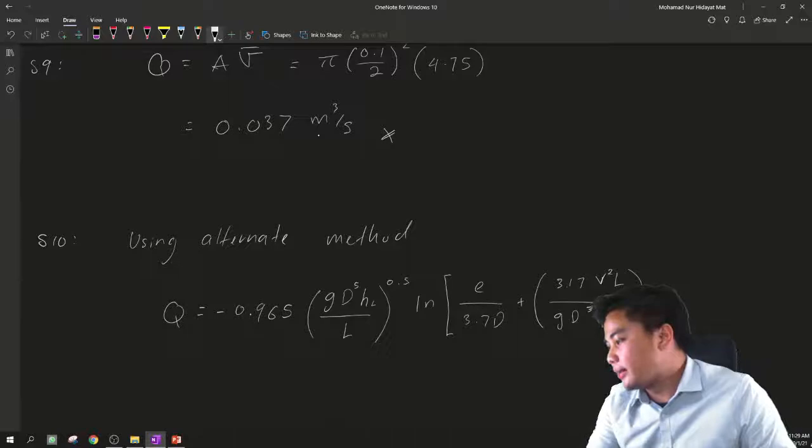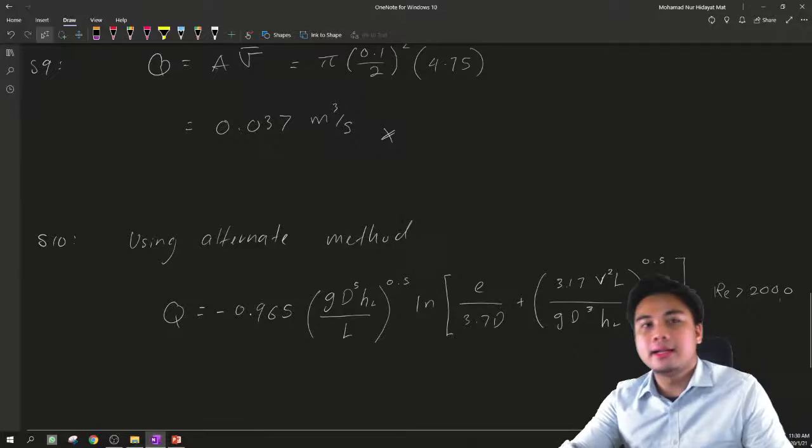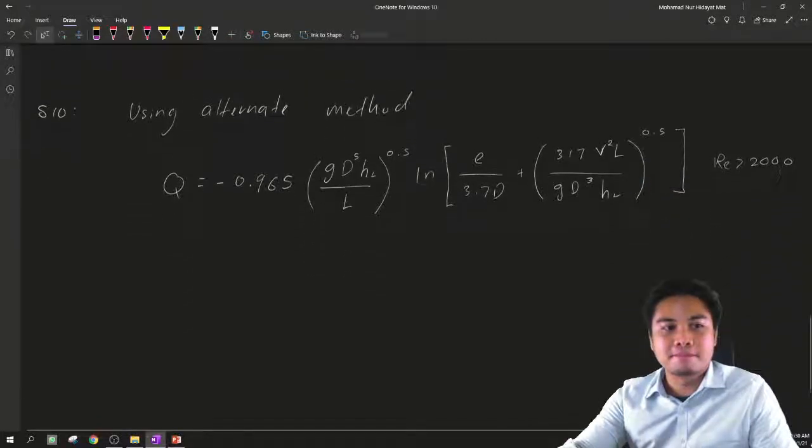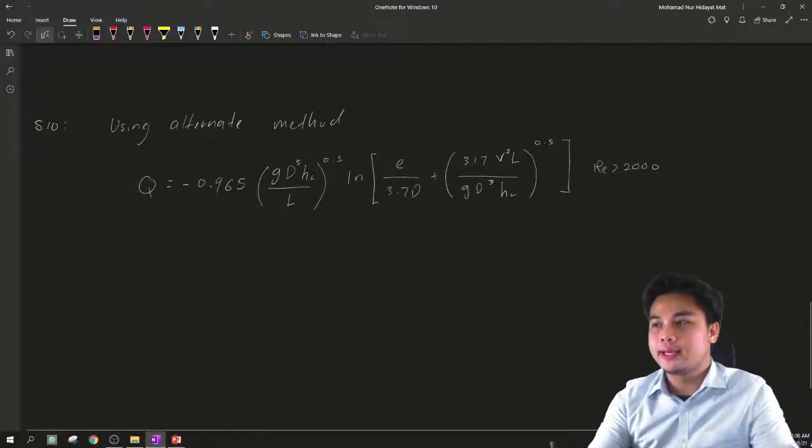Okay, this is quite lengthy. This is for Reynolds number more than 2000, and our Reynolds number is definitely more than 2000. So just substitute the values here.